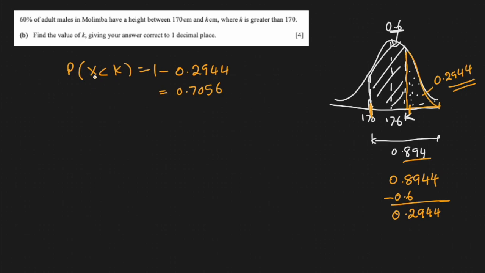That's the probability, right? Now we'll have to go to our table again and see what z-score corresponds to this. So z-score corresponding to probability equal to 0.7056. What is the z-score corresponding to this? That's what we need to know. And then we'll proceed.